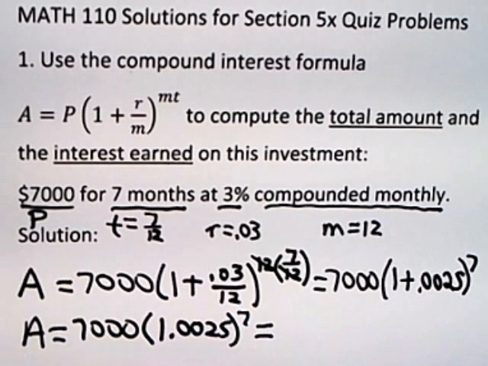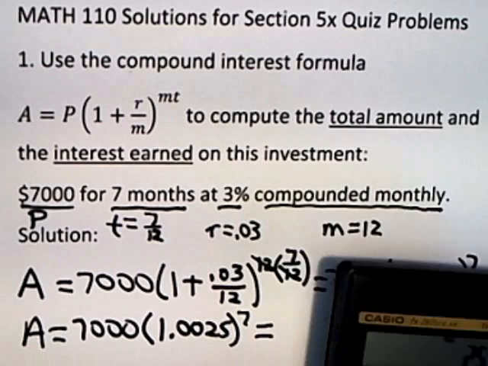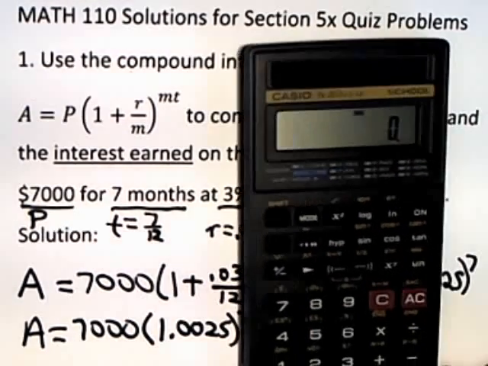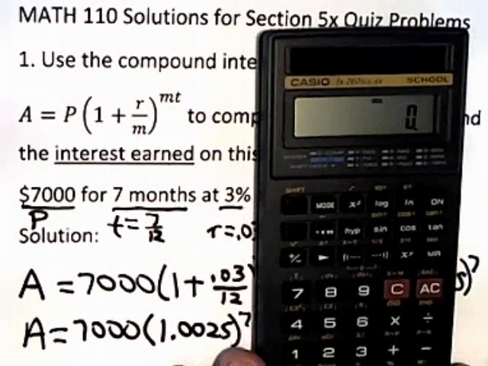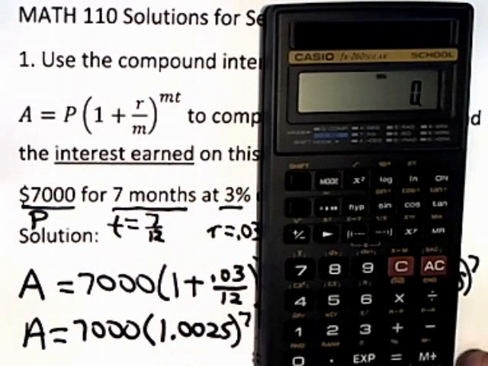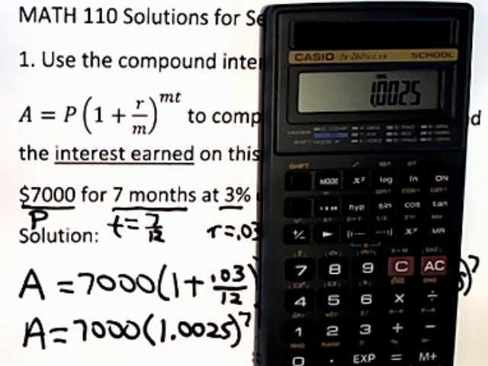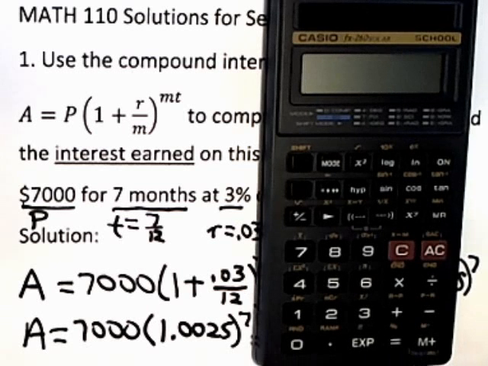Now I have to take 1.0025 and actually raise it to the 7th power. So let's clear this. So I put in 1.0025. The power button is this x to the y. Then the power is 7, and then equal.